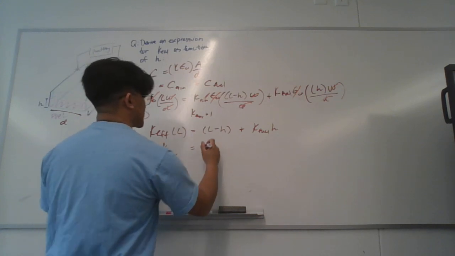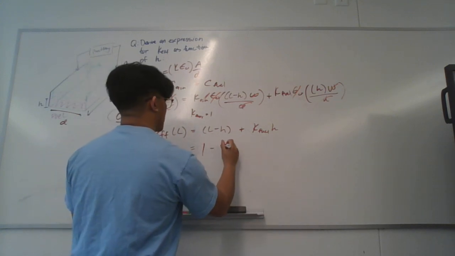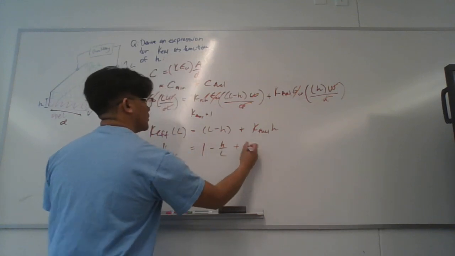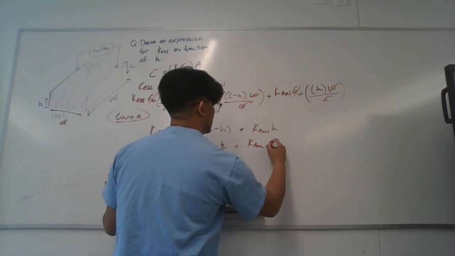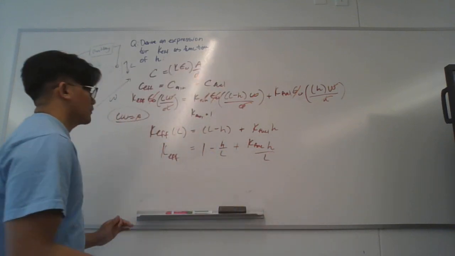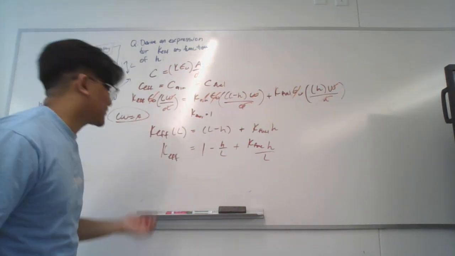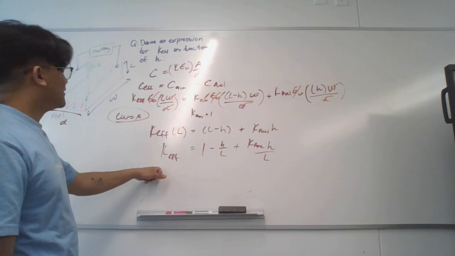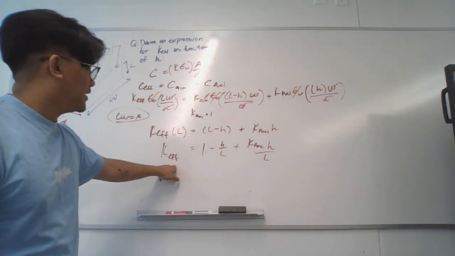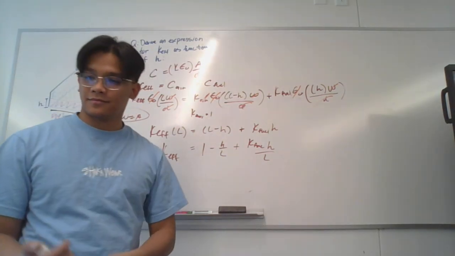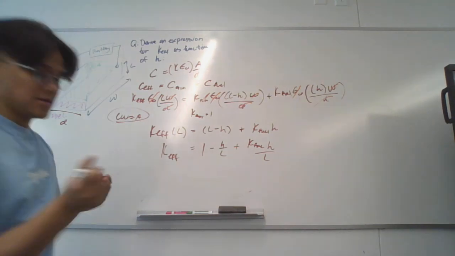So this gives us 1, because L over L is 1, minus H over L, plus K fuel H over L. Now we have successfully put K effective in terms of H.